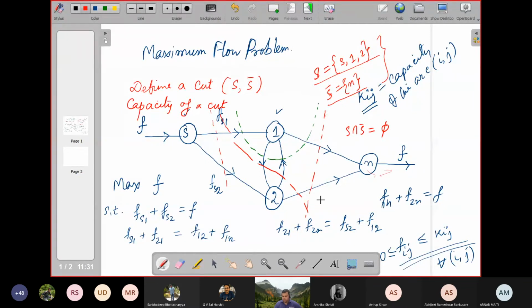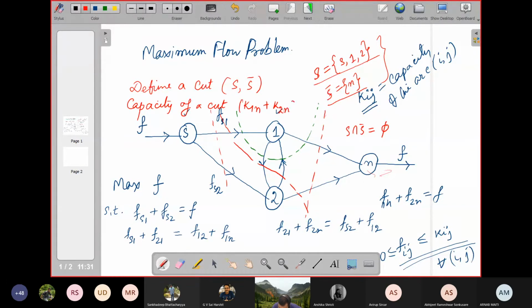So the maximum flow that is possible through this cut is equal to the sum of the capacities of these two edges, 1 to N and 2 to N. So the capacity of this cut would be K1N plus K2N, right?